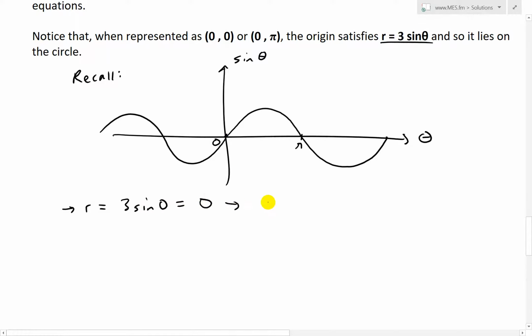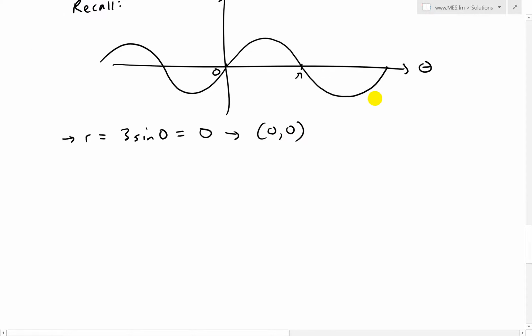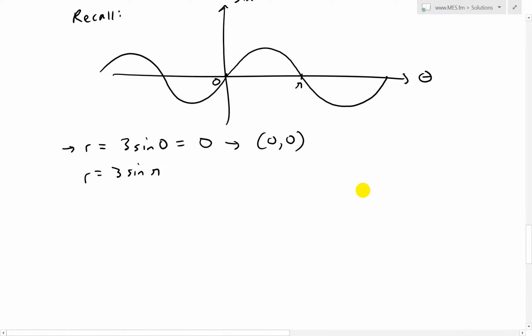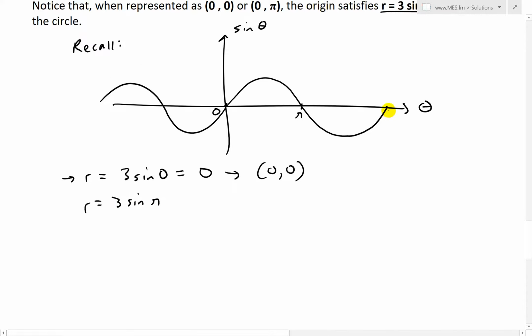So now we have (0, 0). Likewise, r equals 3 sine pi, within 2 pi, you could also put 2 pi in there as well, equals 0. Now r is 0 for the angle pi.